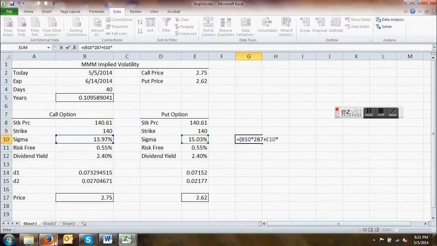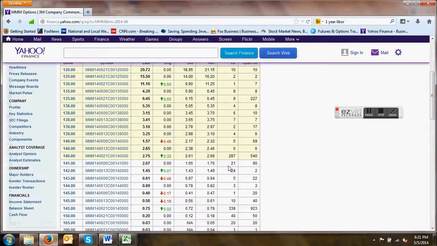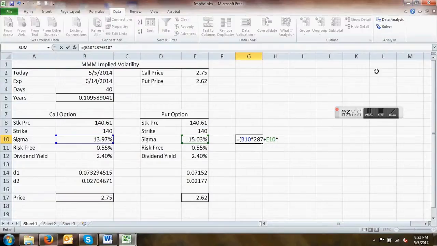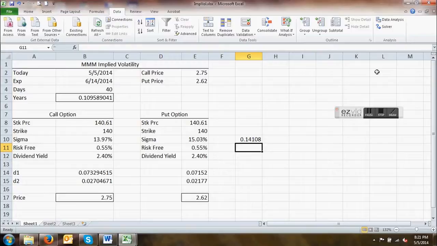Just to verify, it is 43. And then we're going to divide that by 287 plus 43. This is known as the weighted average implied volatility, which is at 14.10%.